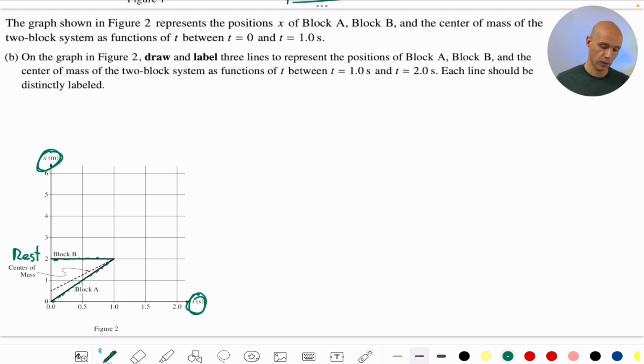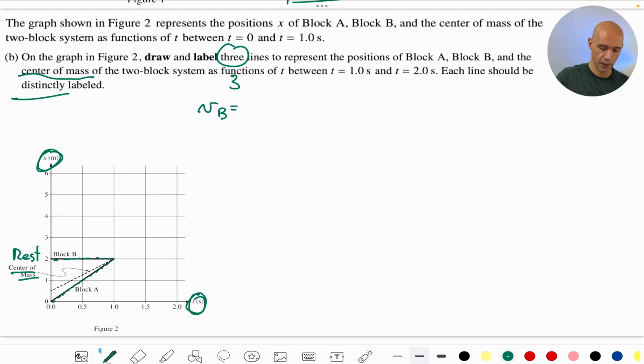Let's read it. On the graph in figure 2, draw and label 3 lines, so be careful with that, 3 lines, to represent the positions of block A, block B, and the center of mass. Well, we have here the center of mass, that they already did it for us. Maybe we can check at the end if you want to see whether it's correct. As a function of t between 1 and 2 seconds, and label them with different labels. So let's begin with block B. Why with block B?